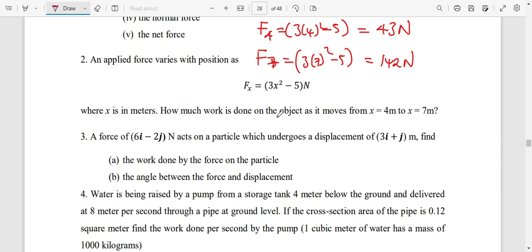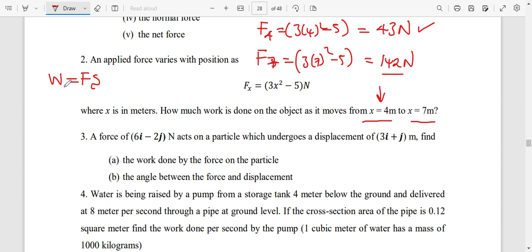So how much work is done on the object as it moves from x equals 4 to x equals 7? We know that work is given by force multiplied by distance. At position x equals 4, the force is 43 newtons, and at 7, we have got 142.